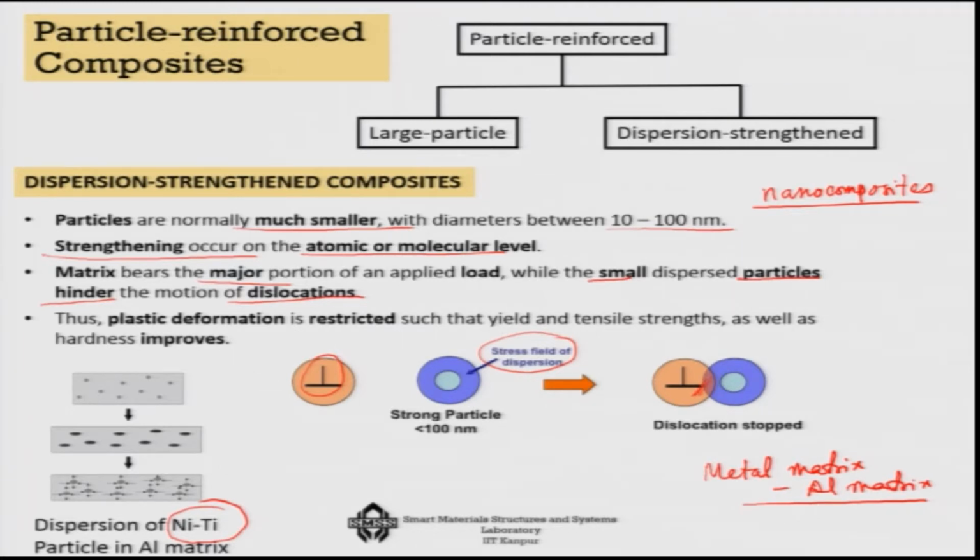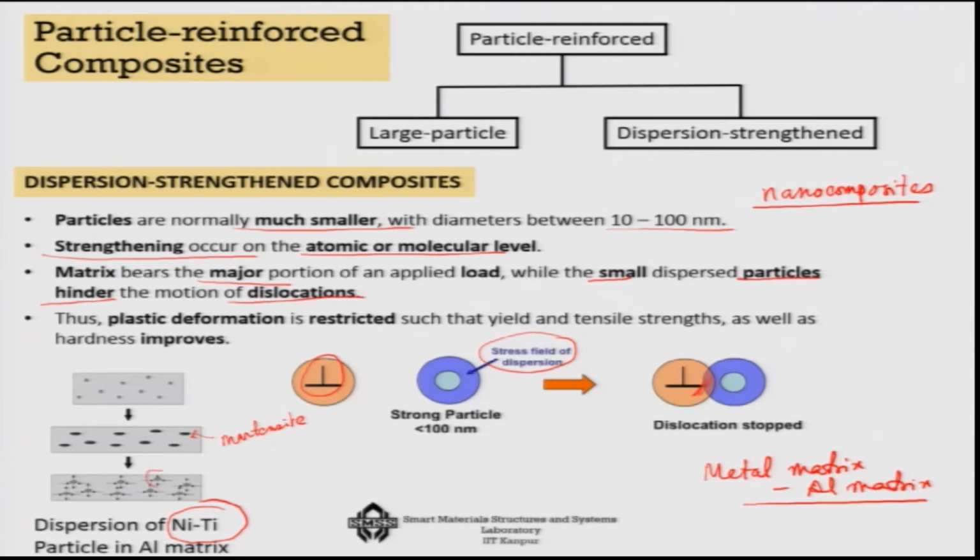It can also generate its own state of stress around, so that you can make it much tougher. You can see here that nickel titanium particles are inside in a deformed state. So, this will possibly be in the low temperature martensite state. Now, you heat it up. That means you go to a higher temperature, and immediately these particles will try to expand, and they cannot because they are inside a matrix.